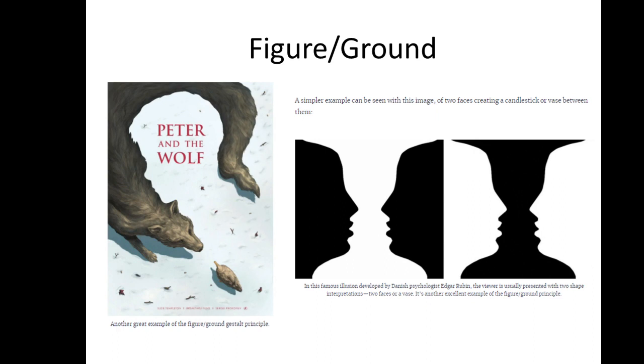Here is another example of figure ground. If you consider this as your figure, then you have the shape of a man. If you consider this, then you have a wolf. If you consider the white, it's like a base, but with this one it's as if you have two persons facing each other. So both of these images work that way.